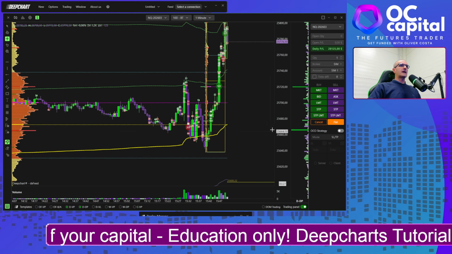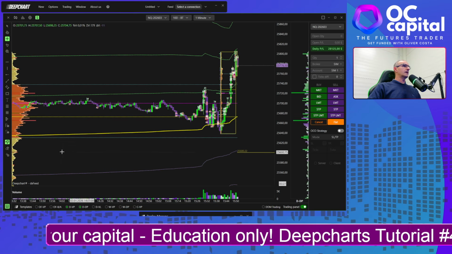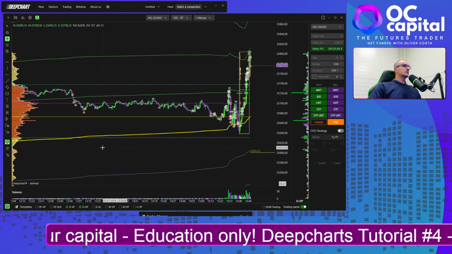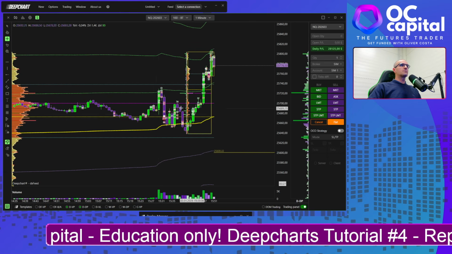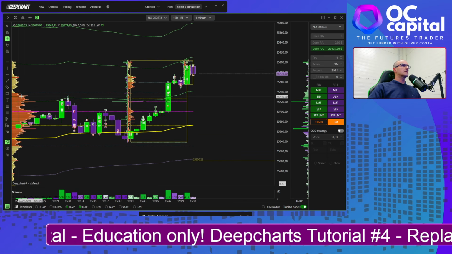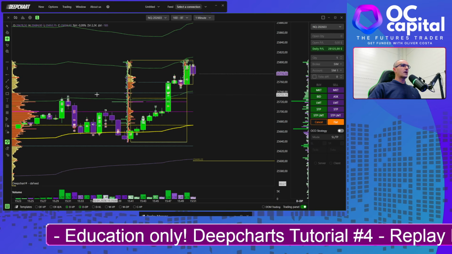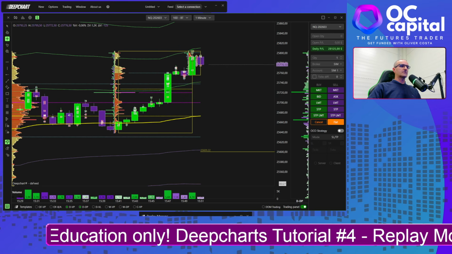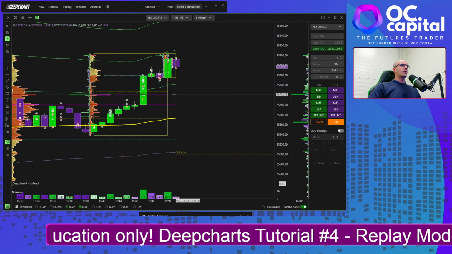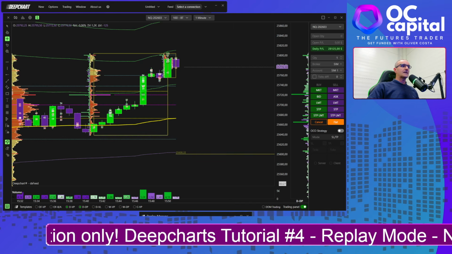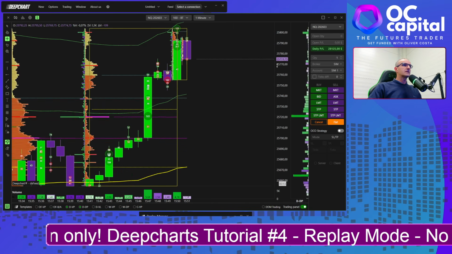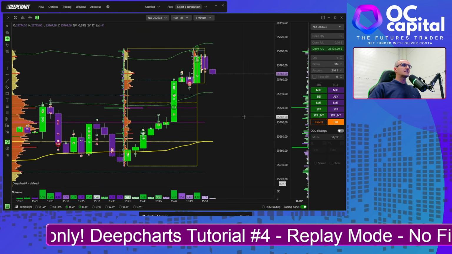If you take a look at the daily profile, which is over here, you also see that we are above the value area high. This is the daily value area high, and we are just above it. I thought on the first occasion this would be a trade. So I was waiting here for confirmation.